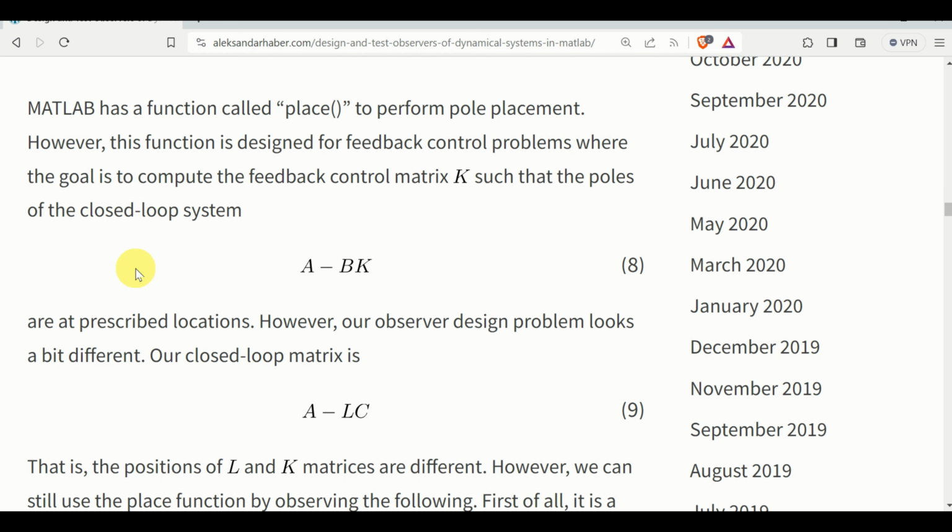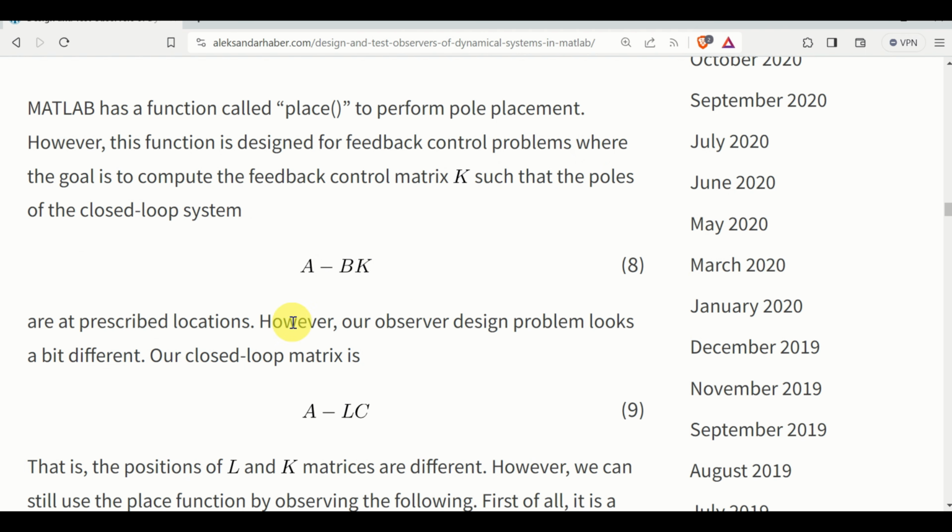As we will thoroughly explain later on, MATLAB has a function called place. This function is used to perform pole placement. However, this function is designed for feedback control problems where the goal is to compute the feedback control matrix K such that the poles of the closed-loop system A minus BK are at prescribed locations.